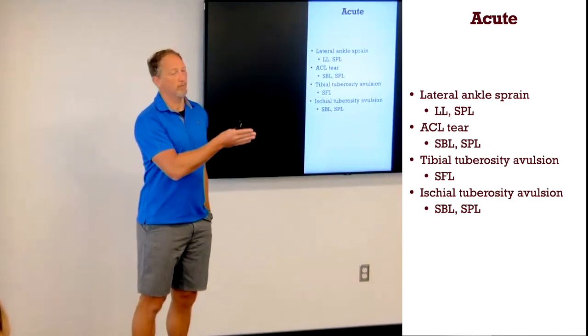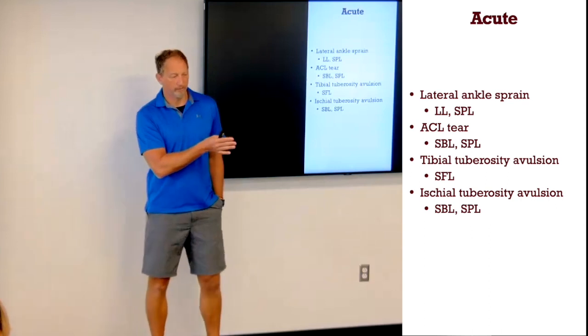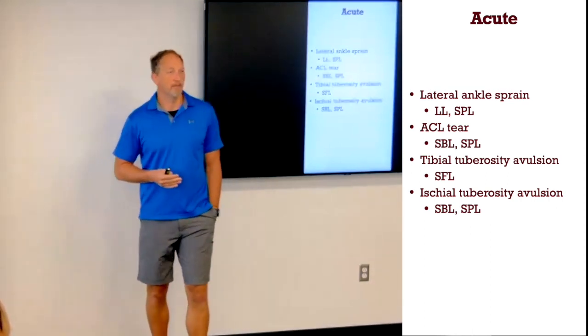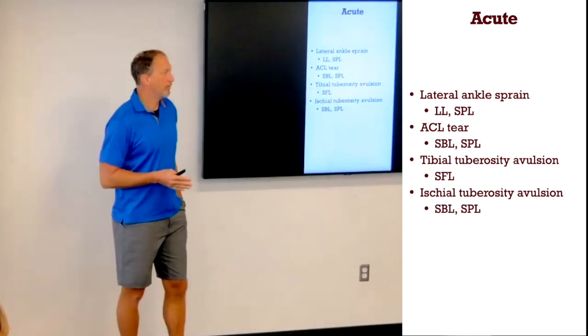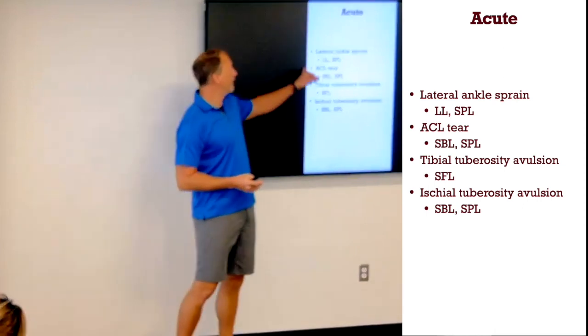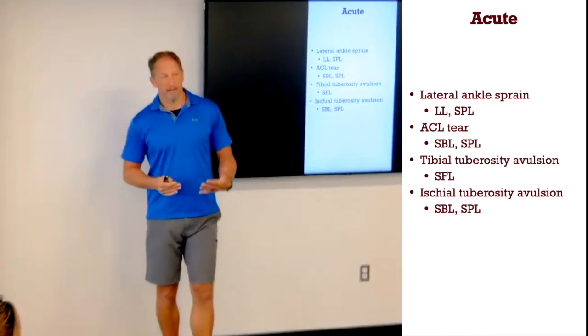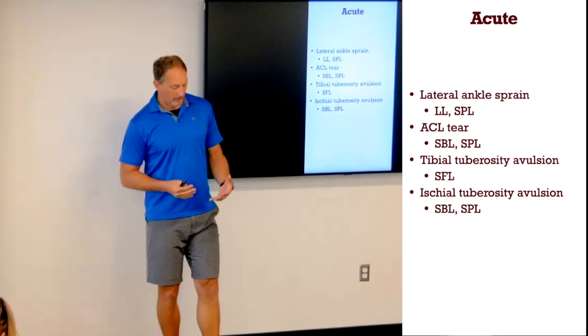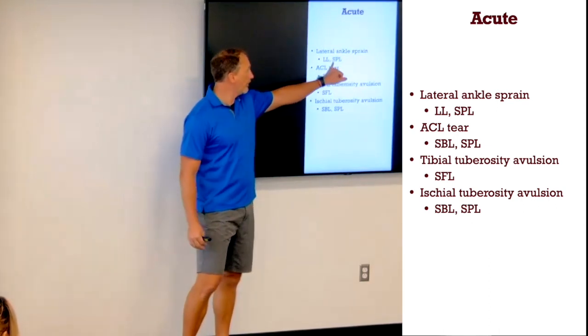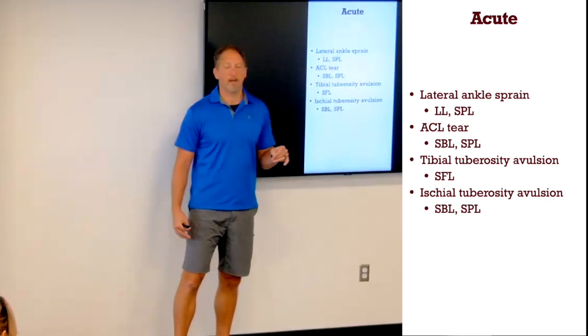Physiology, we know from a physiological standpoint, the cascade of things that are going to happen. We know from an injury standpoint, from a movement standpoint, the cascade of things that are going to happen. We know with a lateral ankle sprain, if you damage those tissues, we immobilize that area. We know that there are going to be ripples up into the lateral line and the spiral line.